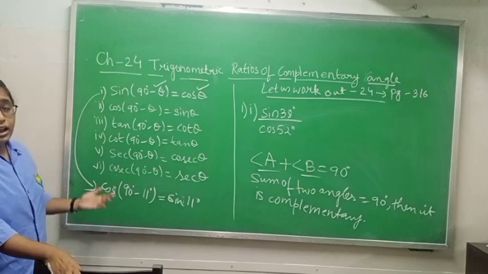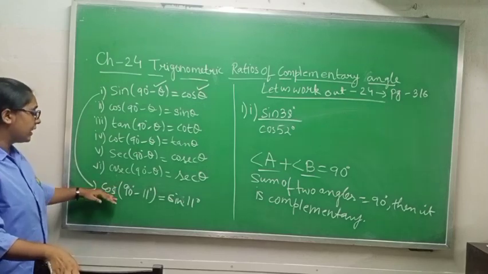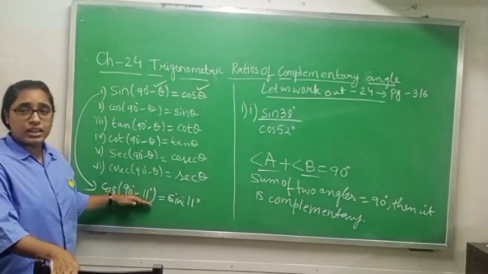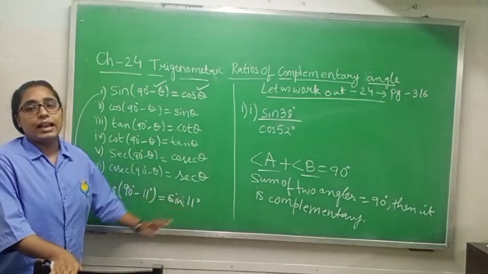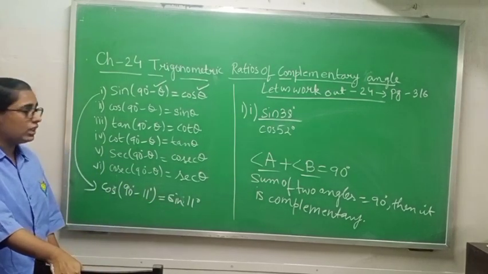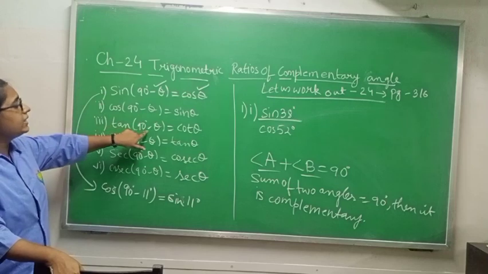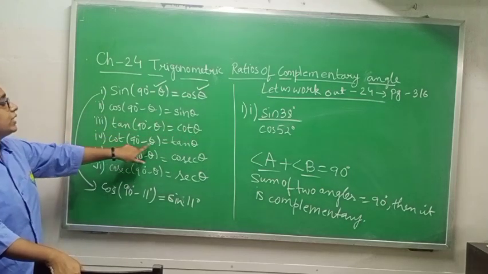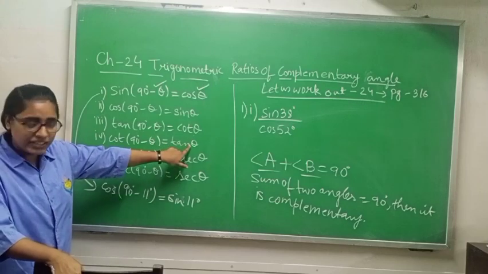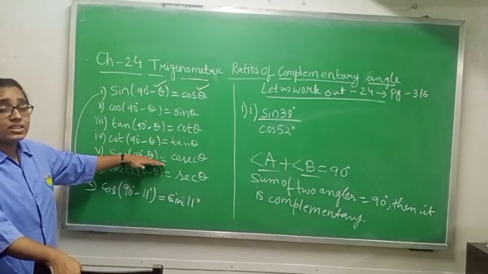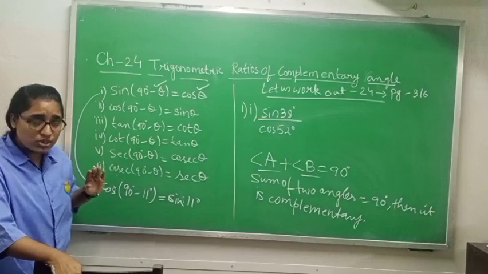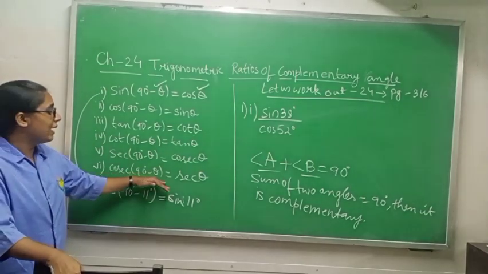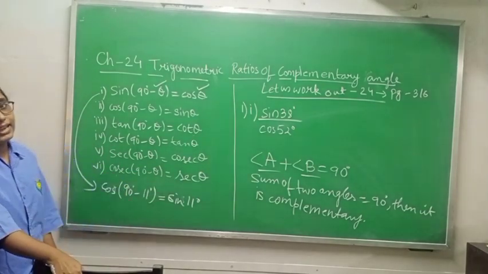For example, cos 90 degree minus 11 degree equals sine 11 degree. Now same thing, tan 90 degree minus theta equals cot theta. Cot 90 degree minus theta equals tan theta. Sec 90 degree minus theta equals cosec theta. Cosec 90 degree minus theta equals sec theta.